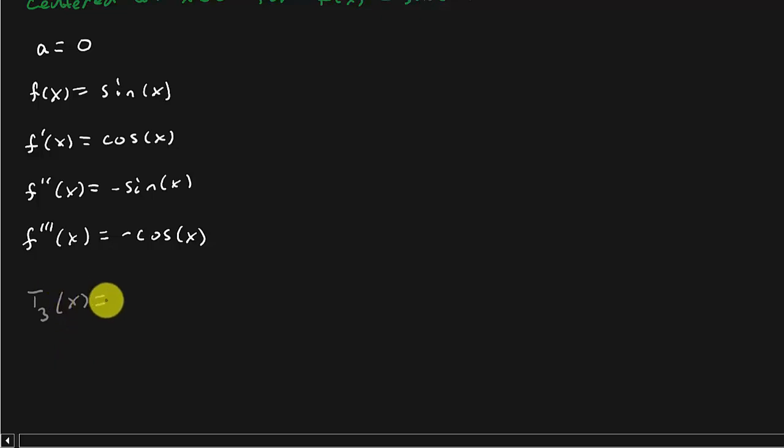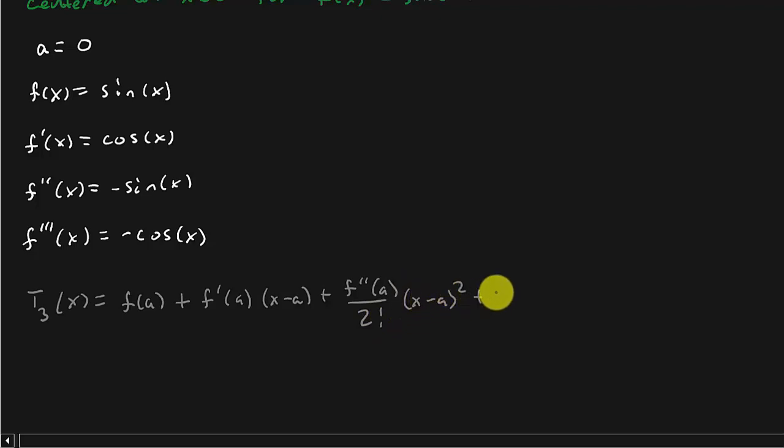That's going to be f of a plus f prime of a times x minus a plus f double prime of a over 2 factorial times x minus a squared plus f triple prime of a over 3 factorial times x minus a cubed. So there's our Taylor polynomial. Now remember, in this case, a is equal to 0.